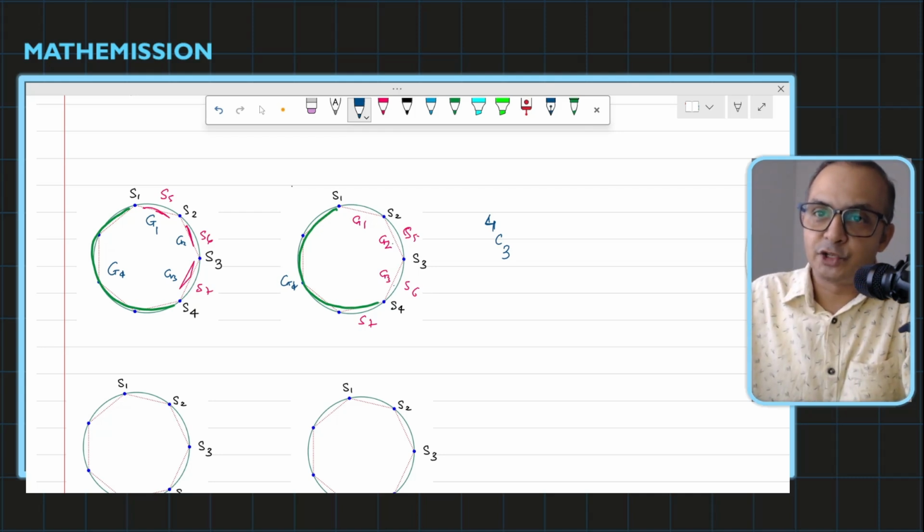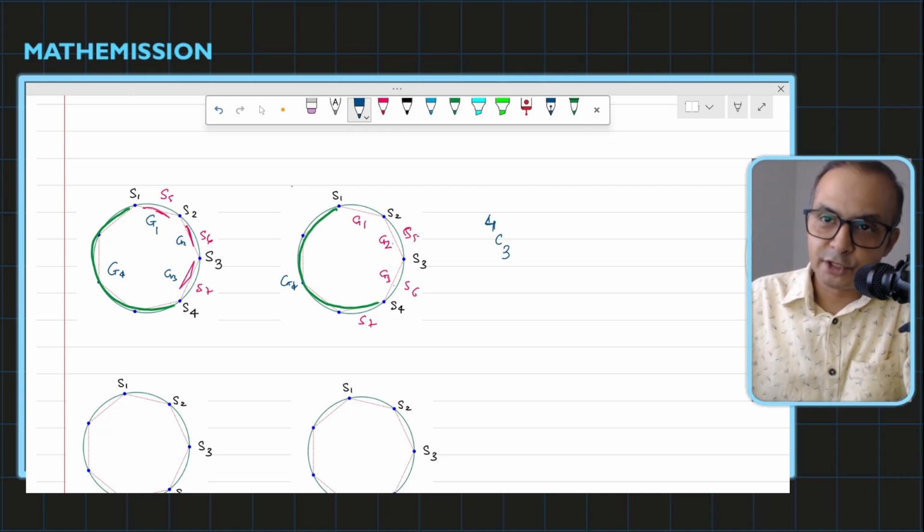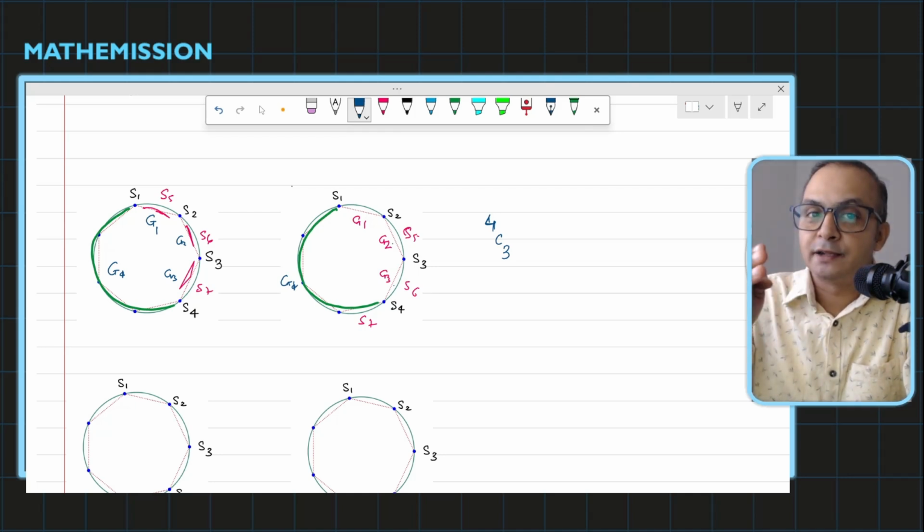In this particular choice, because we are selecting, we are not arranging. So when we have placed S5 in gap 1, S6 in gap 2 and S7 in gap 3, we can say that the points S1, S2, S3 and S4 are not selected for the choice of stoppages, and only S5, S6, S7 are selected.